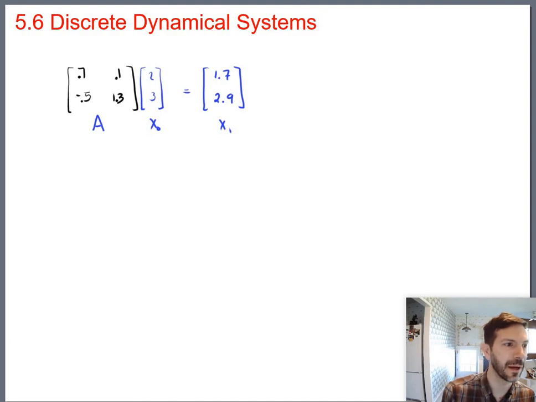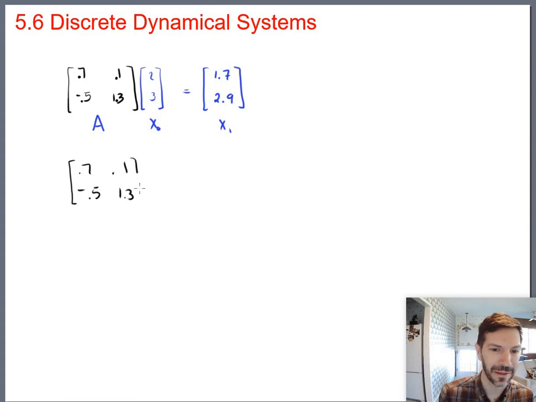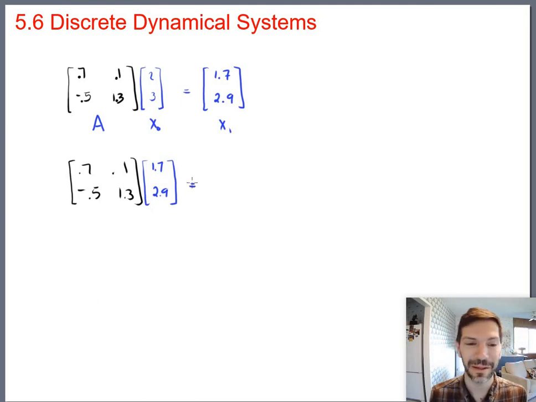The next round, you'd multiply A by x1, and that would give you x2, and away you go. You can do that as many times as you want and predict long-term behavior. As we've seen in previous sections, sometimes the result is a steady state vector. Sometimes it spirals off in one direction or another.